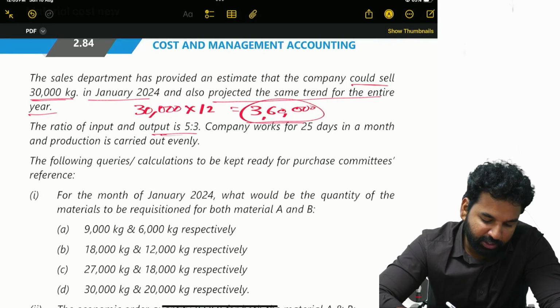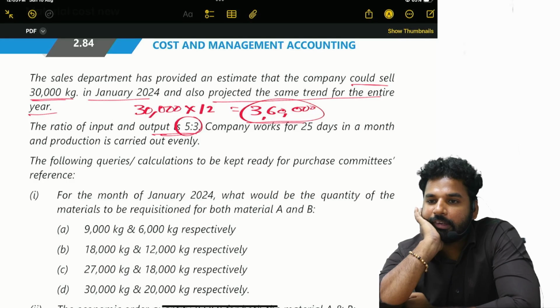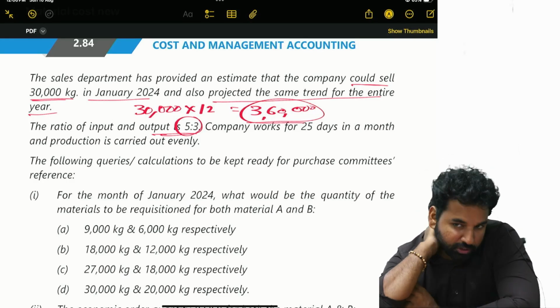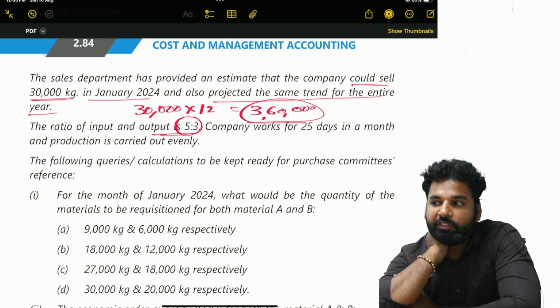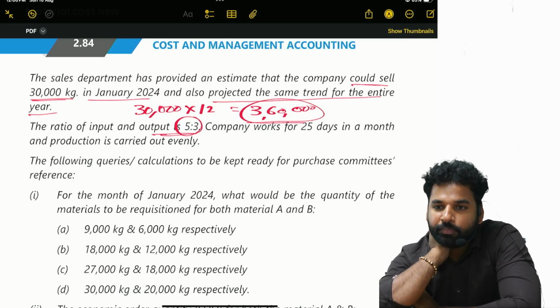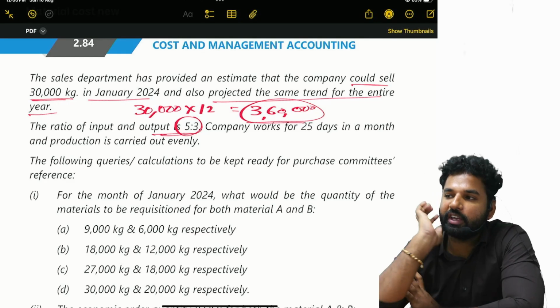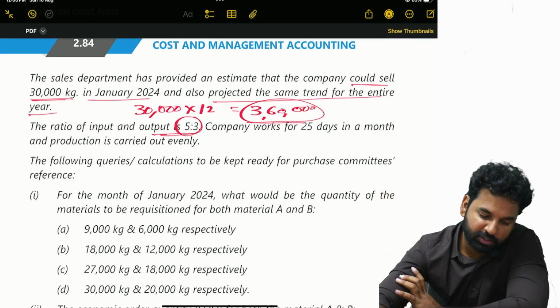And the input output ratio is given as 5:3. That means when you are giving 5 units, you are getting 3. Let's say 5 kgs you put in as input means you get 3 kgs of output.